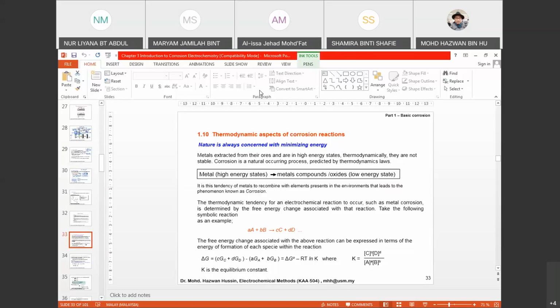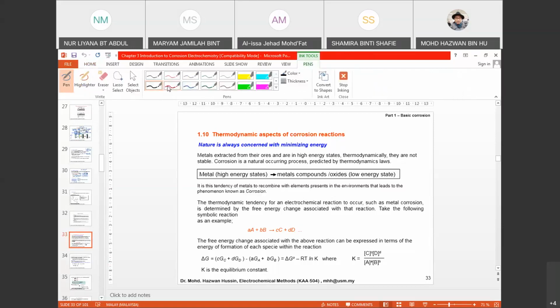Things that you need to remember as well is that delta G here is a free energy not in the standard condition. That is equal to the free energy or delta G naught in the standard state minus RT ln K. So this is the first reaction that you will have in a corrosion process, where reactants react to form products.